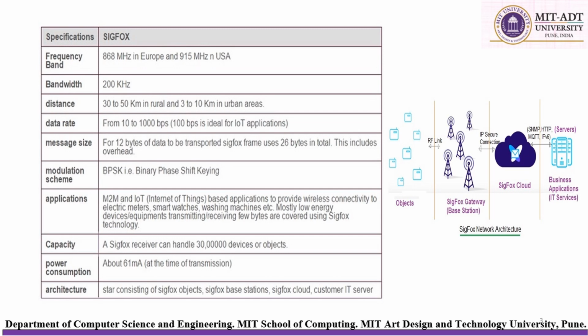Likewise, if we see the architecture of the SigFox network, it is shown in the diagram over here. If we see the network overview, the SigFox network works with lightweight messages, most importantly 12 bytes without header. With header it is handling 26 bytes of data.